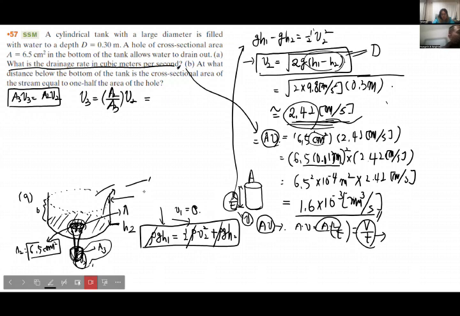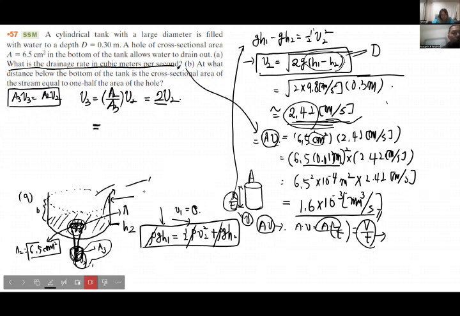So that should be about 2V2, because A2 is twice bigger than that, the area of the point position 3.